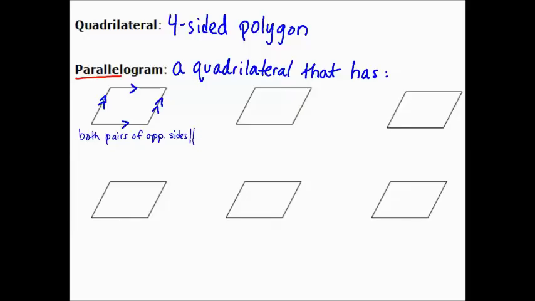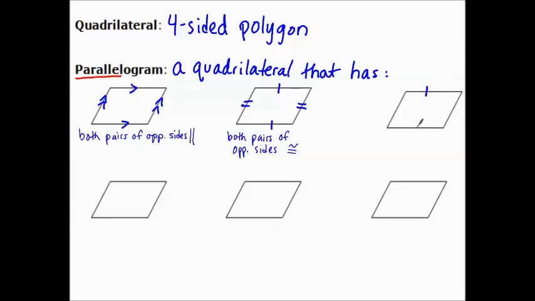What is another characteristic? Opposite sides are congruent. Not just opposite sides, but we say both pairs of opposite sides are congruent. What's another characteristic? Put the two together.